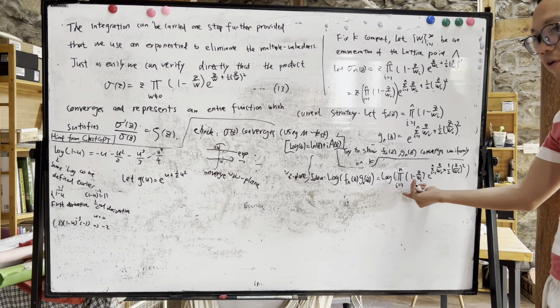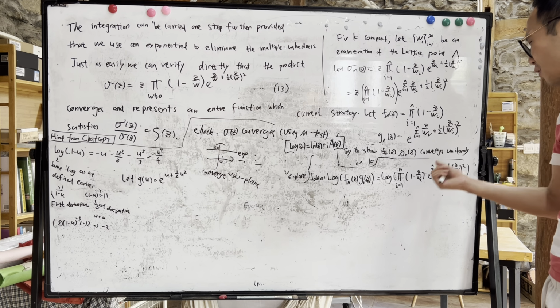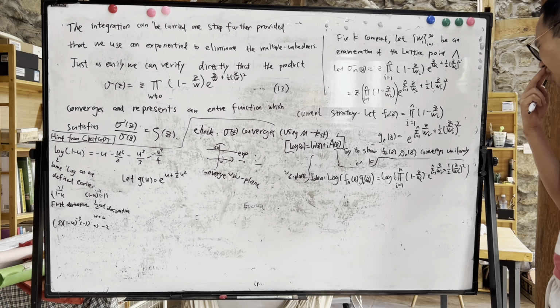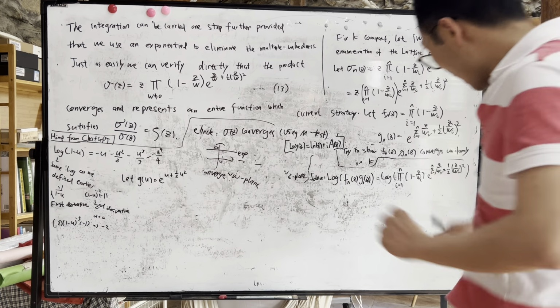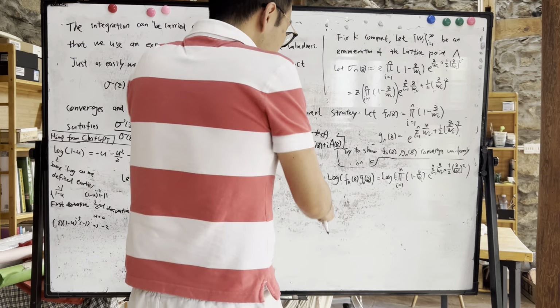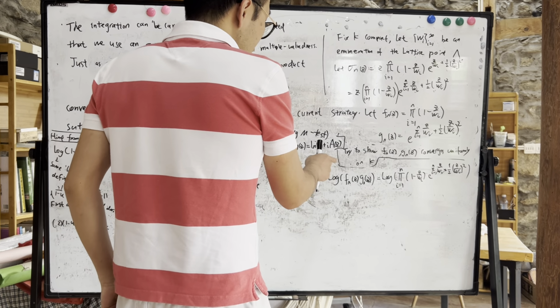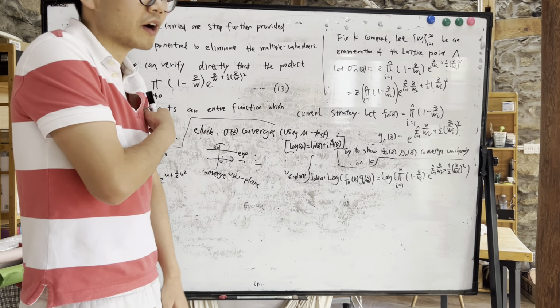As long as there's one break, we add a 2 pi i. So I don't think it would be friendly to our convergence argument. So I think we still need the property, but based on what I did, I think there's a way to completely cancel out the 2 pi i argument.